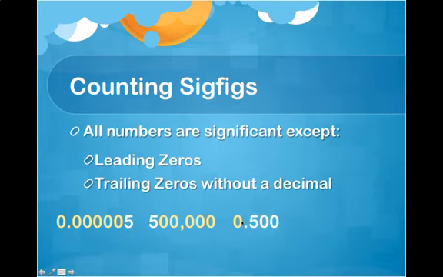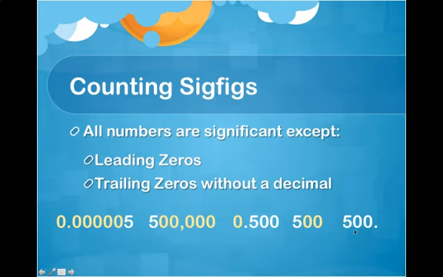This one is still a leading zero, so it's not significant. In 500 right here, these two zeros are not significant. There's no decimal, but if I were to have 500 and then a decimal point, that would make these zeros significant. These would be trailing zeros, and they have a decimal point.